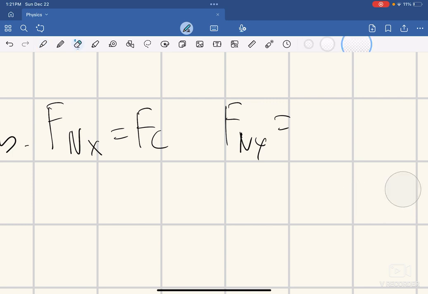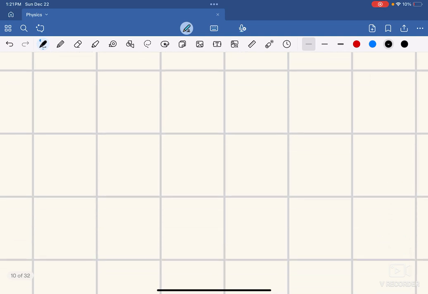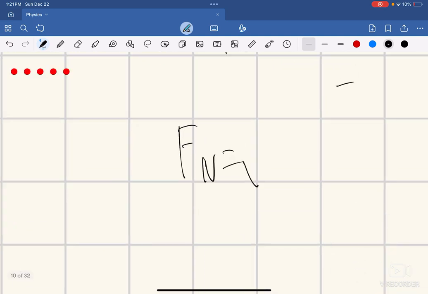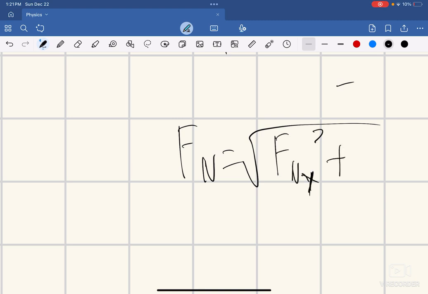Alright, so Fny is equal to mass times gravity. And the reason why we use these two is because Fn is given by the formula square root of Fnx squared plus Fny squared.